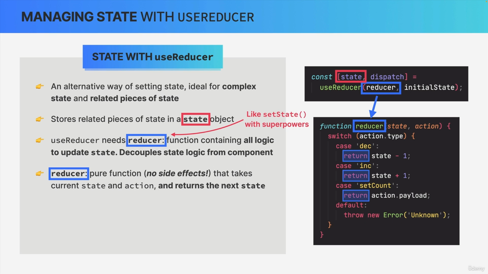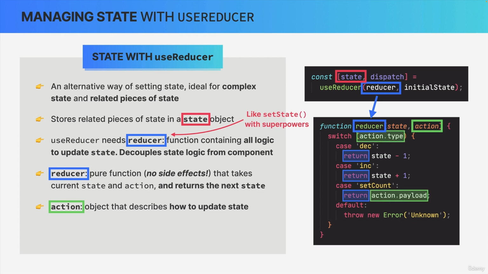And speaking of the action, it is simply an object that describes how state should be updated. It usually contains an action type and a so-called payload, which is basically input data. And it's based on this action type and payload that the reducer will then determine how exactly to create the next state.